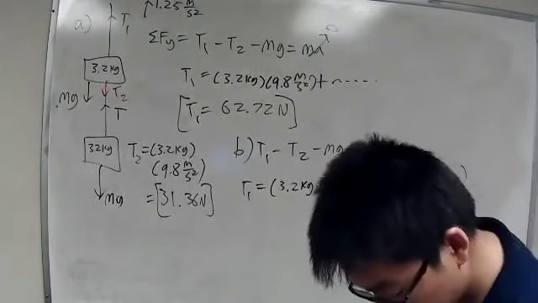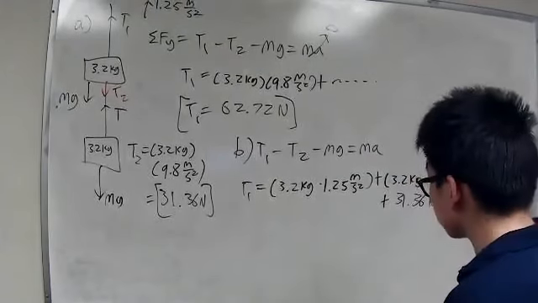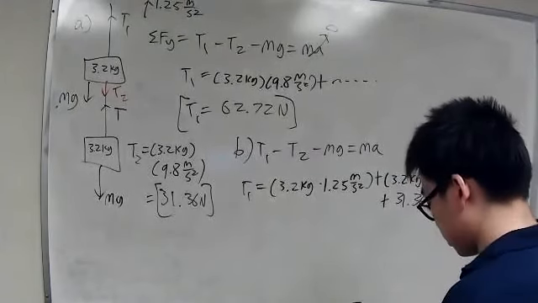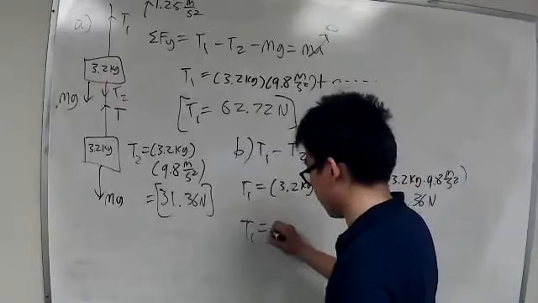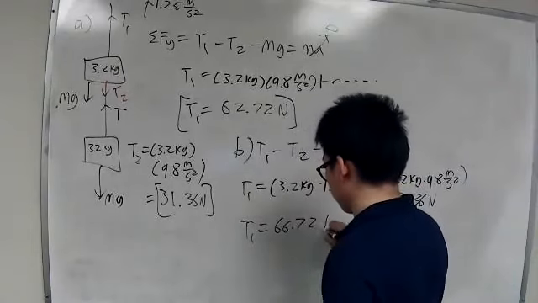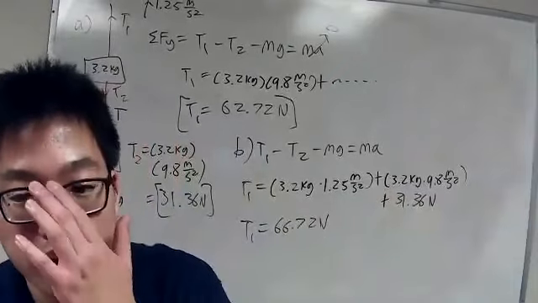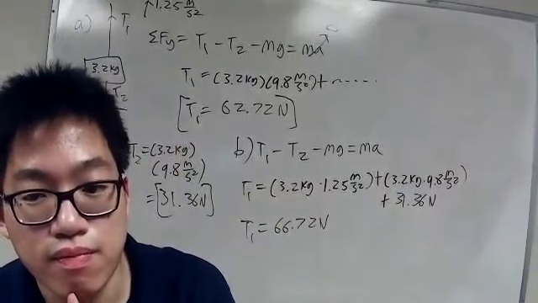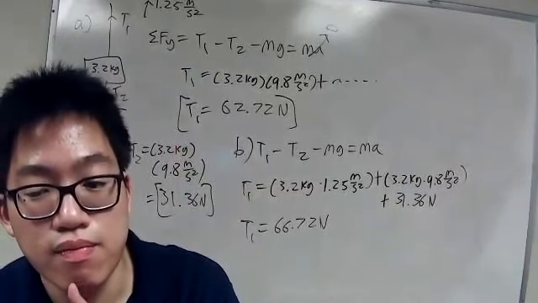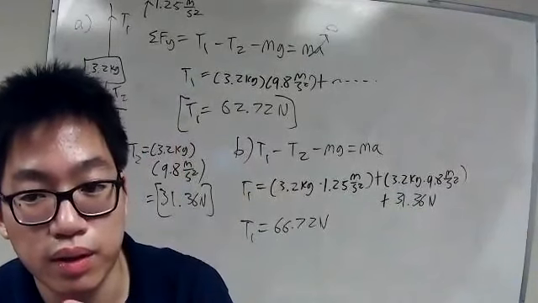See what this is. About what is this, 66.72. Is that right? Yeah, that's 3.2. Okay, yeah.